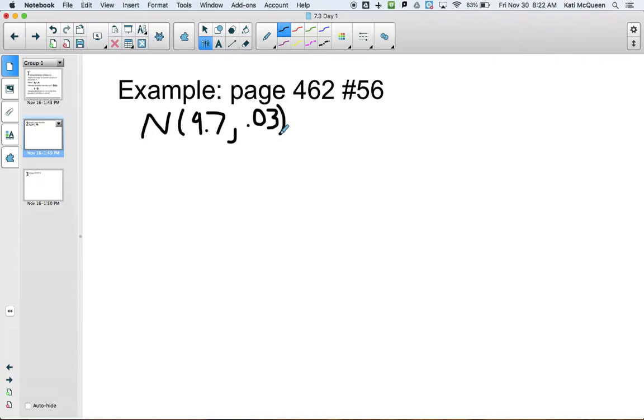Okay, in part A, they ask, what is the probability that a randomly selected box of cereal contains less than 9.65 ounces of cereal? What I'm looking at here is they are talking about a single box. They are not talking about a sampling distribution because our sample would just be 1. So this is just plain old the probability that x is less than 9.65.